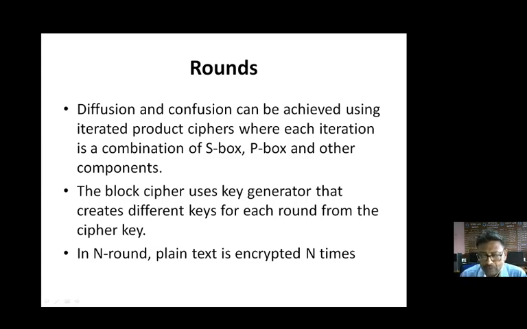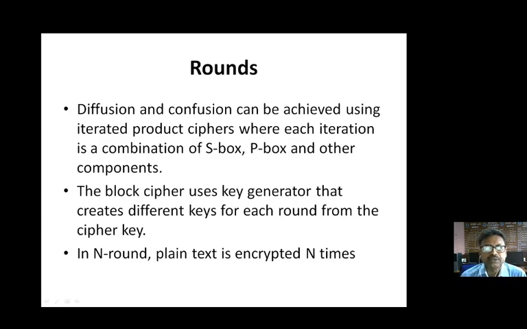Now, as far as the block cipher is concerned, it is using the key schedule, or you can say the key generation or key generator, that creates different keys for the different rounds. So if there is an n-round cipher, then it means the plain text will be converted into a ciphertext n times, and for all n times we are doing the iteration process, and every time we will be using different keys, and those keys are known as subkeys.